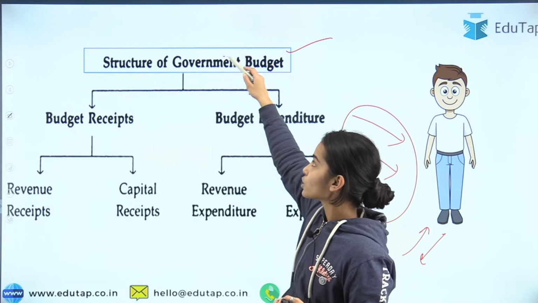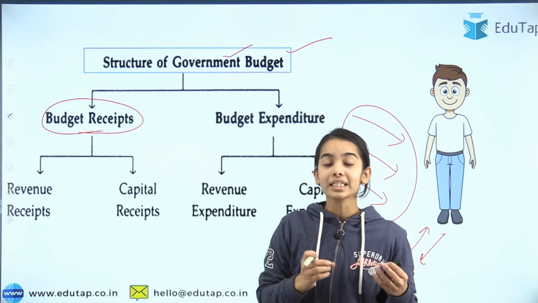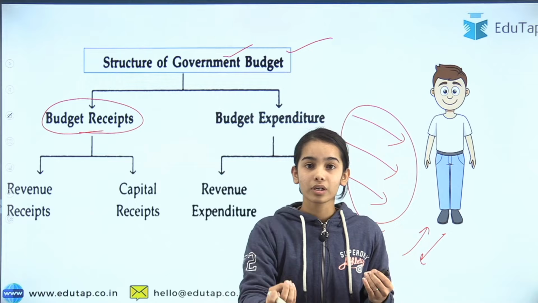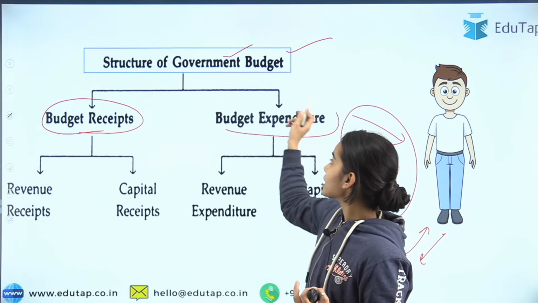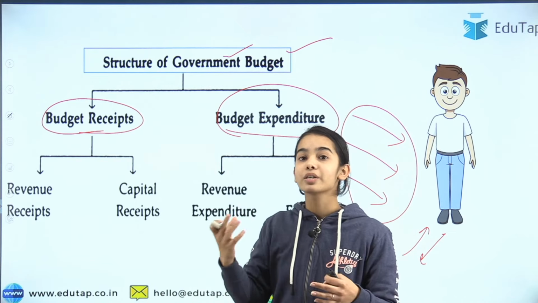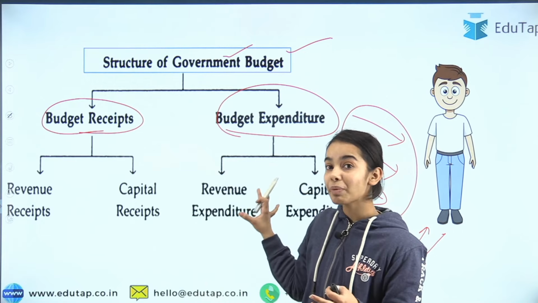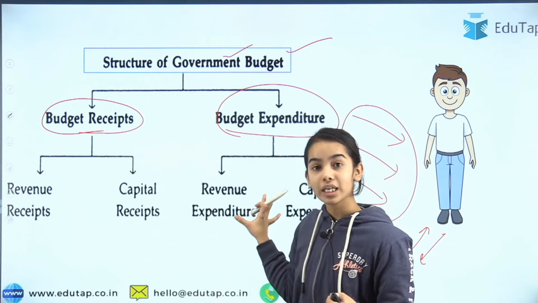Similarly, the government also takes in receipts. It has money that comes from different sources, like taxes, and money it gets from loans or grants. It also spends at different places, like building public infrastructure such as schools, educational institutions, and hospitals. So that is what the budget receipts and the budget expenditure are.